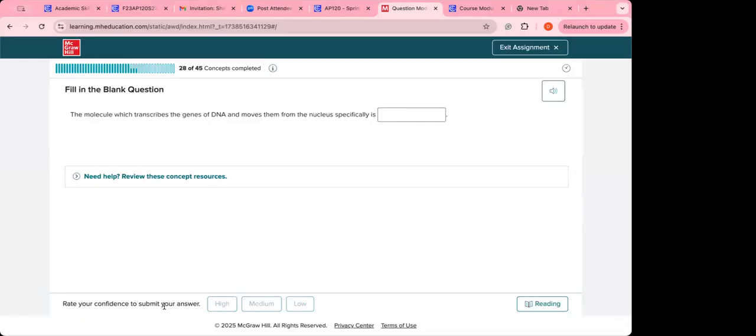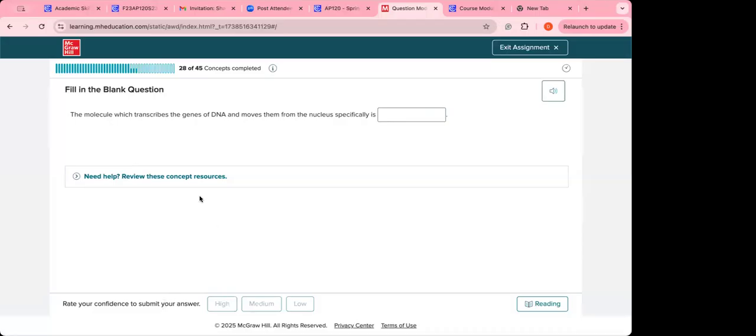The molecule which transcribes the genes of DNA and moves them from the nucleus, specifically, okay, they're looking for, let's look it up, but I think they're looking for mRNA here.